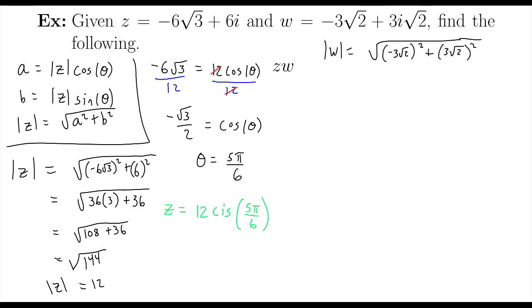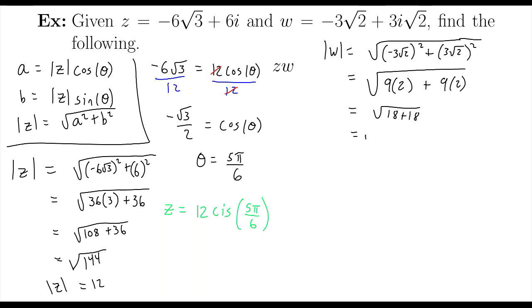So I'm just going to square those. Negative 3 squared is 9. The square root of 2 squared is 2. 9 times 2 is 18, plus 18, which is the square root of 36. So the magnitude of w is 6.